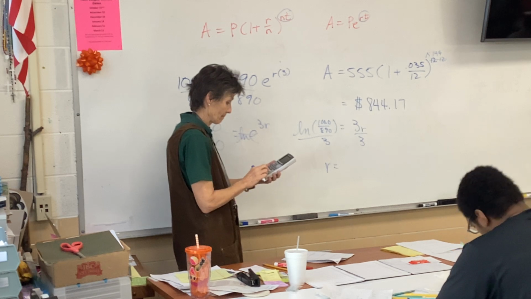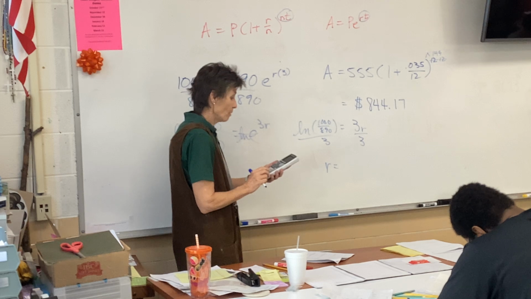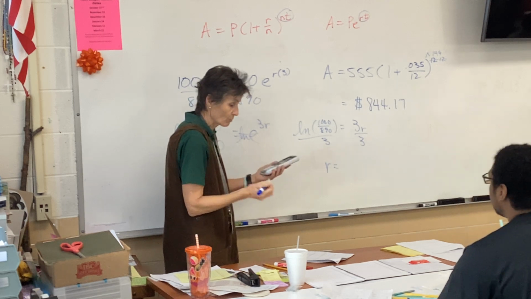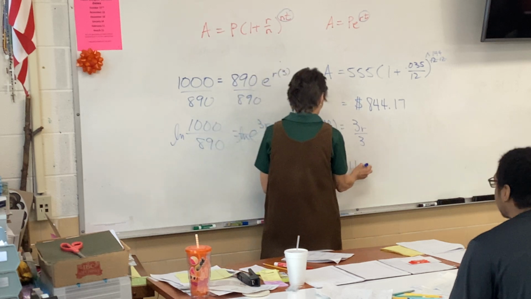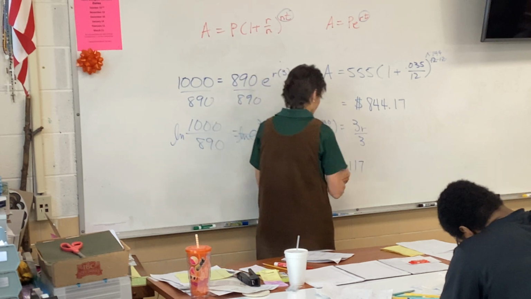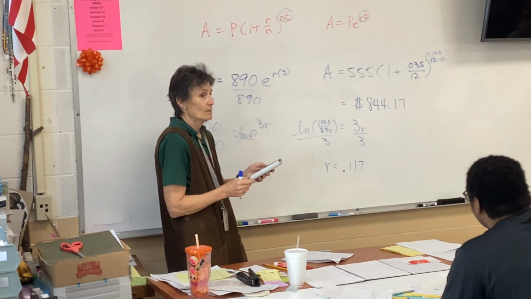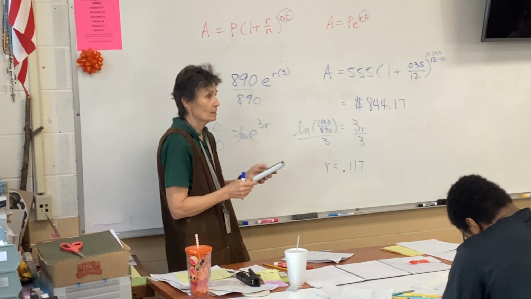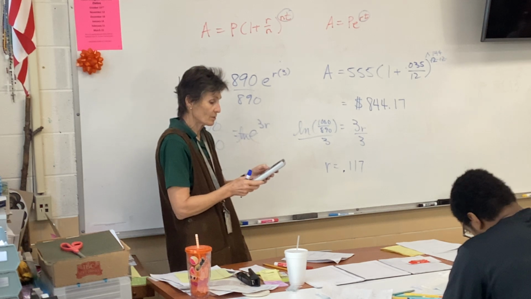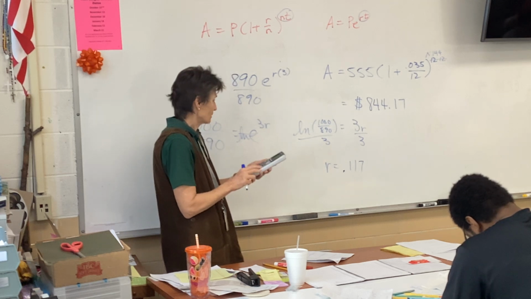What decimal place do we round it to? Probably the thousandth, whatever the directions say, but there are no directions, so we'll just say the thousandth. 0.117. So what interest rate would that translate into? We got 0.117, so that would translate into, oh wait, that's not right. Sorry, stop.